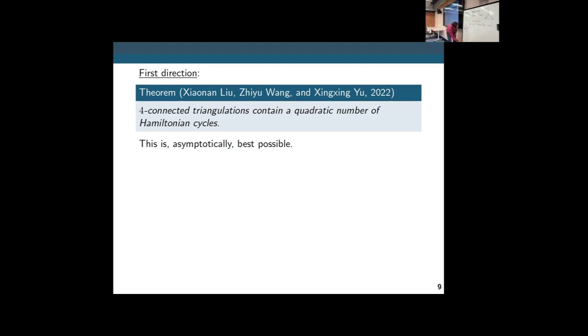This is the graph that I mentioned. This is called a double wheel. You have a large degree vertex here, and a cycle here. You connect them like so. And this clearly has quadratic many Hamiltonian cycles.